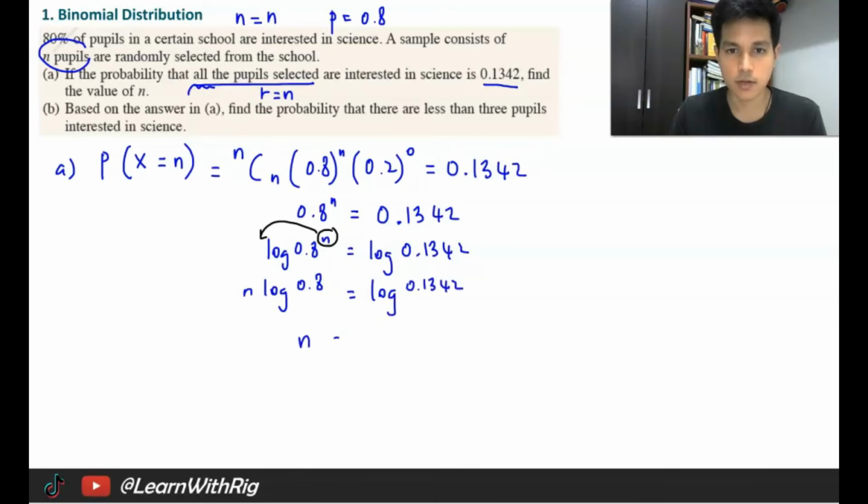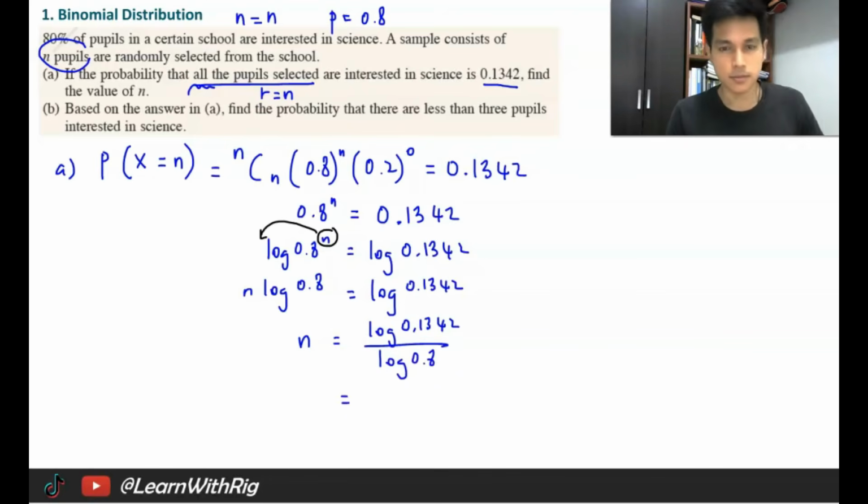So you want to find the n value: take log 0.1342 divided by log 0.8. Okay, so I'm sorry, let me use my calculator here. Log 0.1342 divided by log 0.8. So your answer should be n equals 9. Okay, so that's your answer.